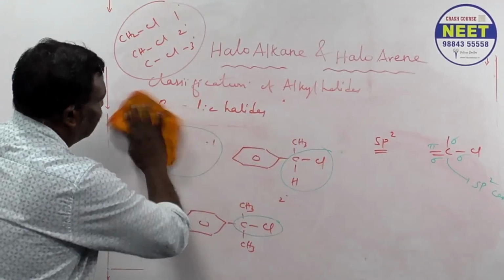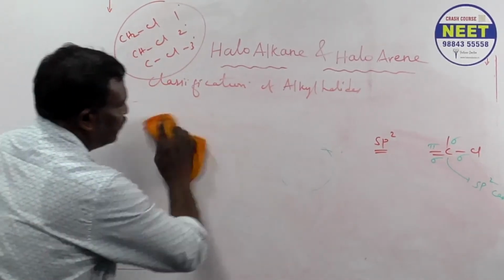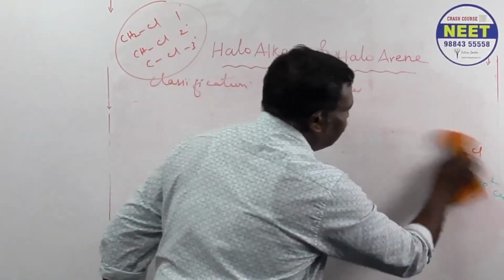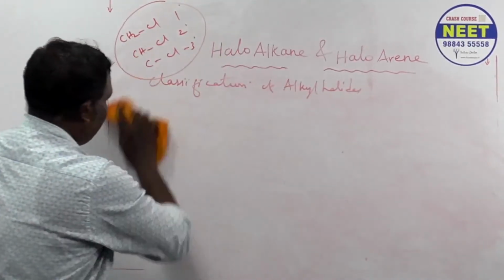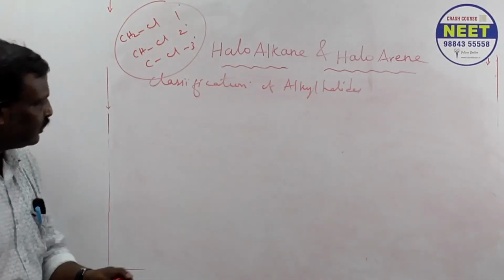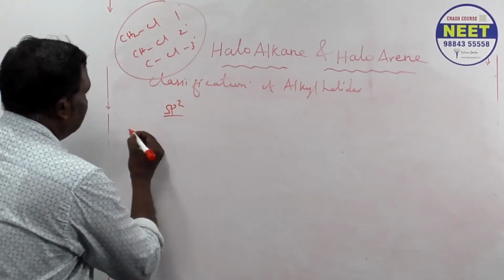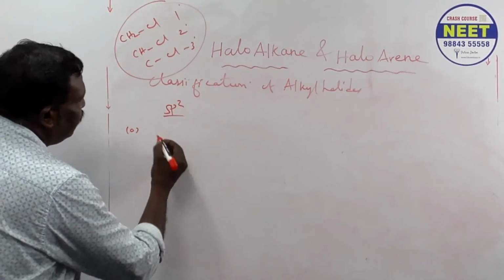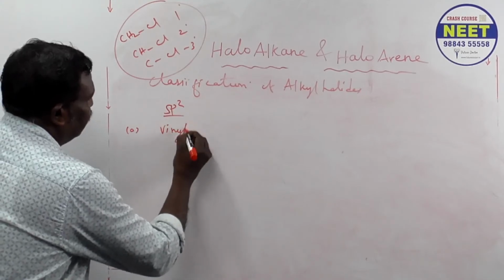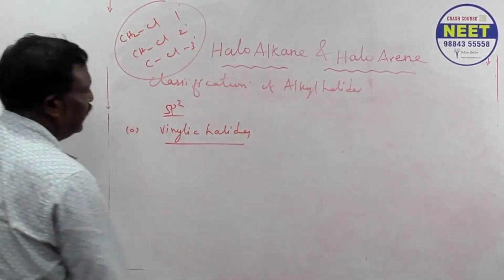Then come to sp2 carbon. Under sp2 hybridization we have two types. The first one is vinylic halide.